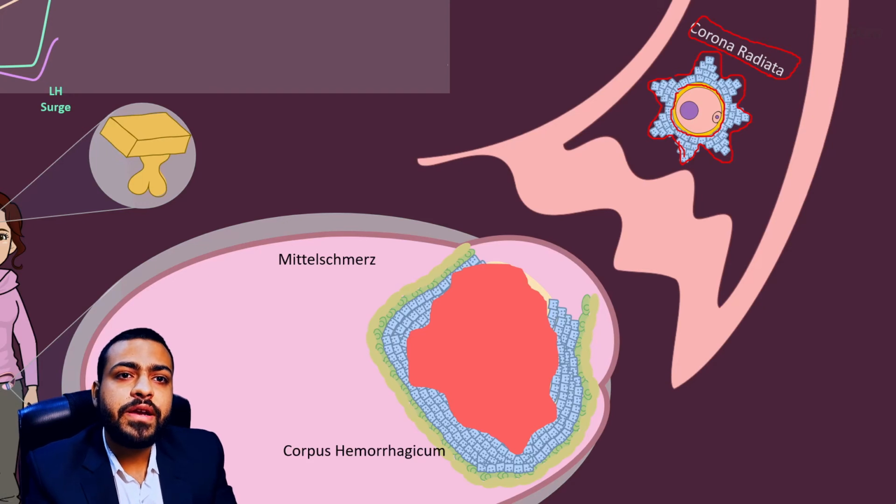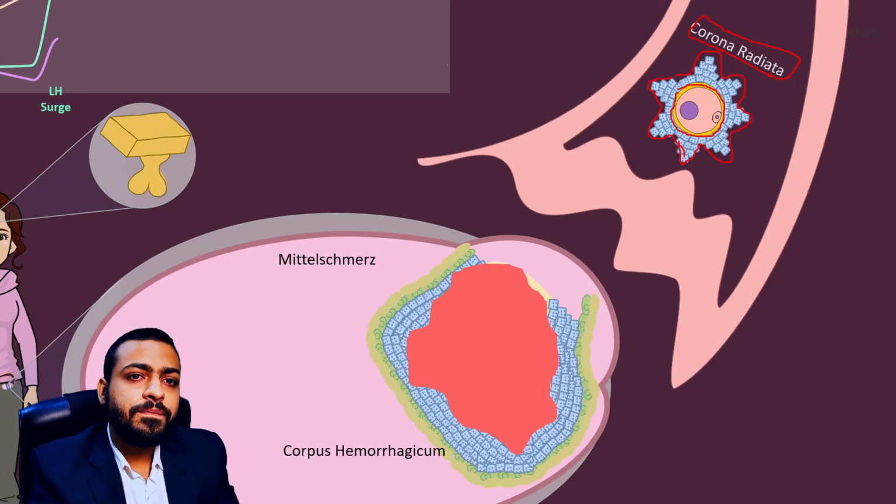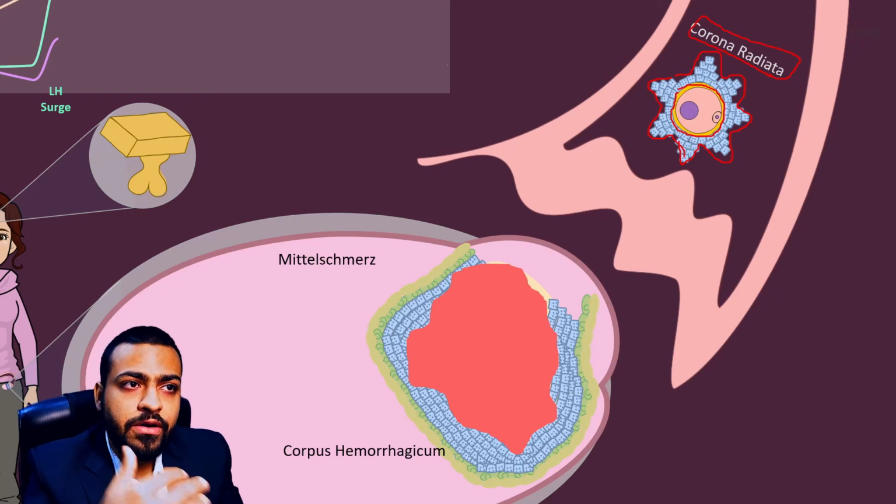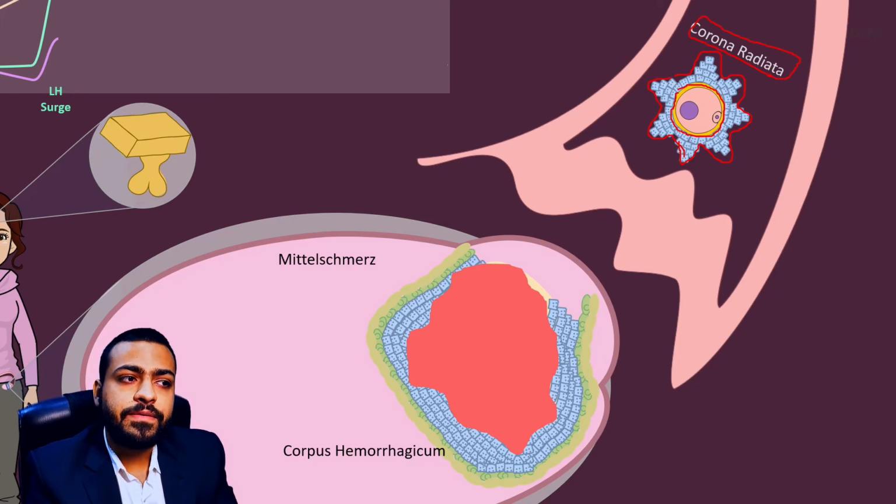So it is an inflammatory process, and although it is a normal inflammatory process, wherever there is inflammation, it may lead to some pain as well. So during mid cycle, when ovulation is happening, in some women, not all, it sometimes leads to unilateral lower abdominal pain, right? And this is called Mittelschmerz.